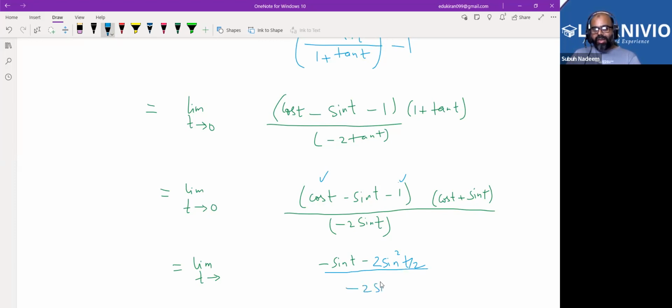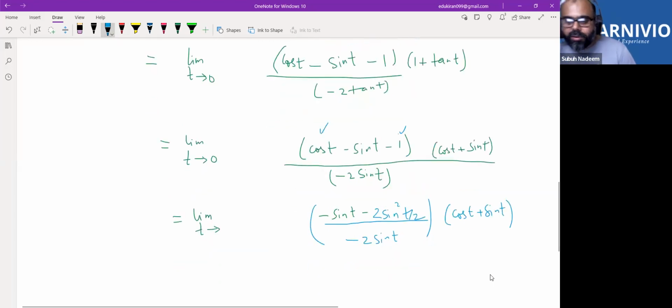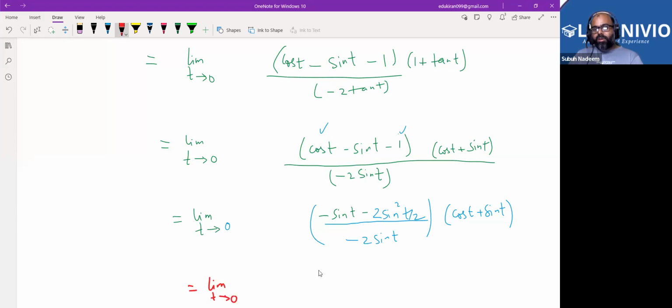By minus 2 sin t it is. And this is cos t plus sin t. This is limit t approaching 0. And minus sin t by minus 2 sin t will be 1 by 2.